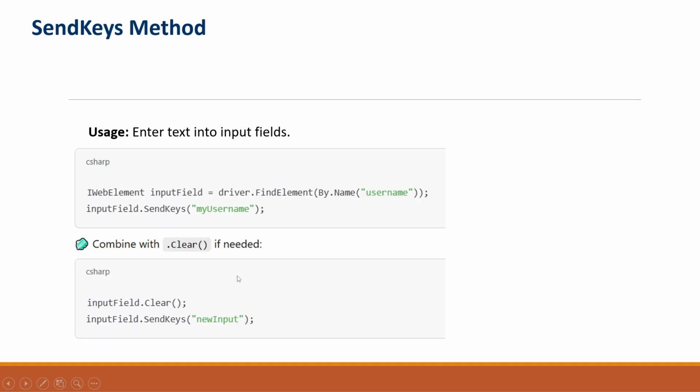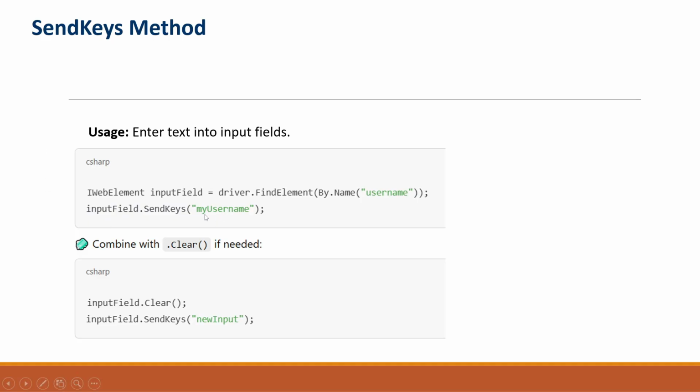Then the next method is the SendKeys method. The usage of SendKeys is to enter text into an input field. In the C# example, there is an input field, and I locate that username input text field using the locator By.Name. Using the text box dot SendKeys, within the parentheses we give the value we need to enter in that text box.